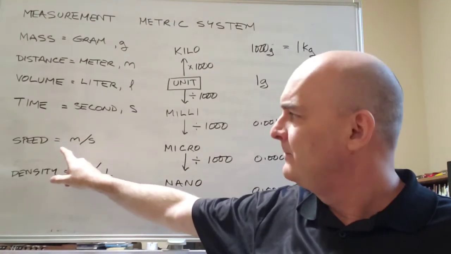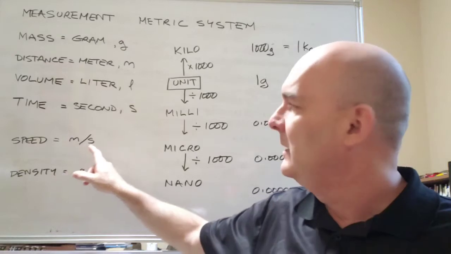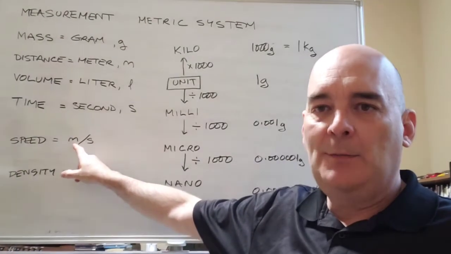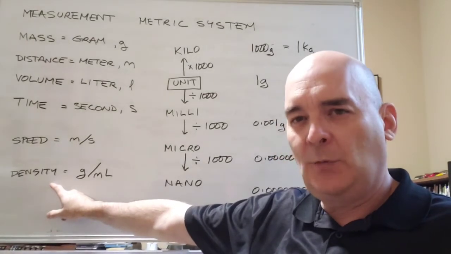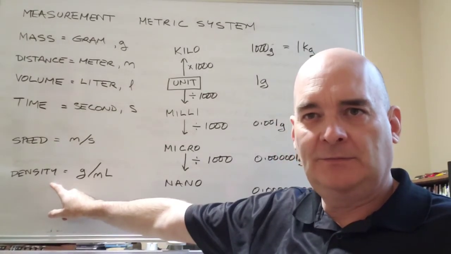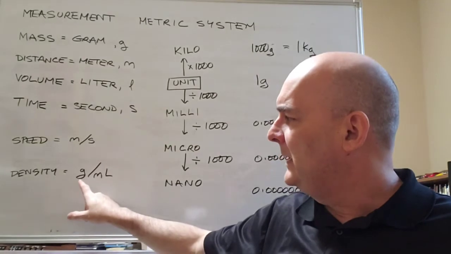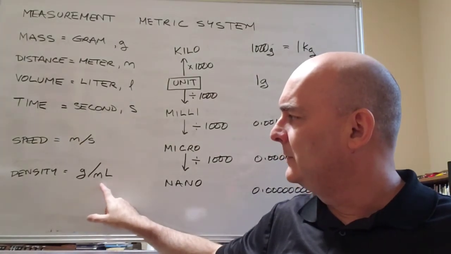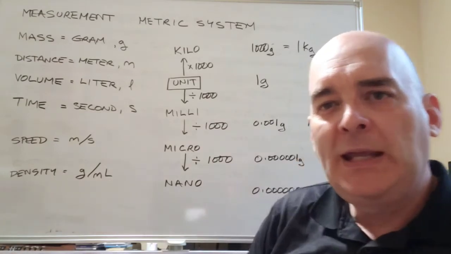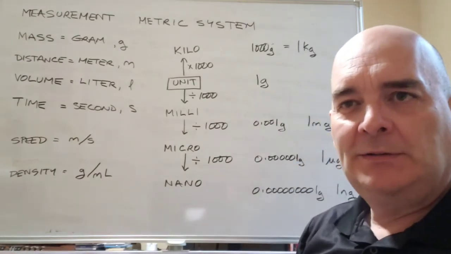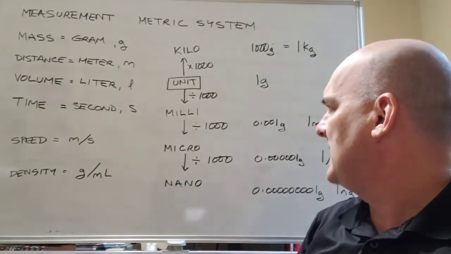A speed, we would say miles per hour. A scientist would say meters per second. Density, a number that we are going to come back and study soon enough, would be mass per volume, grams per milliliter. Okay, here's how metric numbers break down.